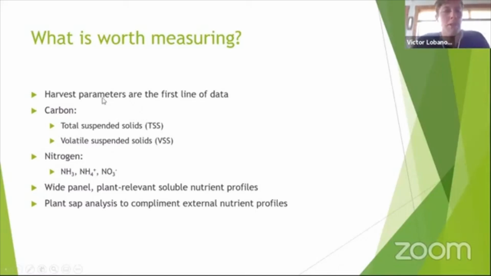In terms of what we're able to measure, I don't think that a lot of this is practical for individual farmers, but I hope that we'll be able to integrate more community-based research projects where farmers could measure the total suspended solids, which is just filtering the water column onto a filter and sending it to us to be analyzed, measuring the amounts of different types of nitrogenous species, and looking at various profiles of the amount of nutrients in the water column or inside the plant through plant sap analysis.